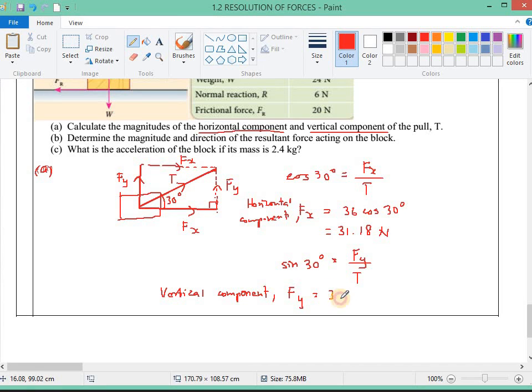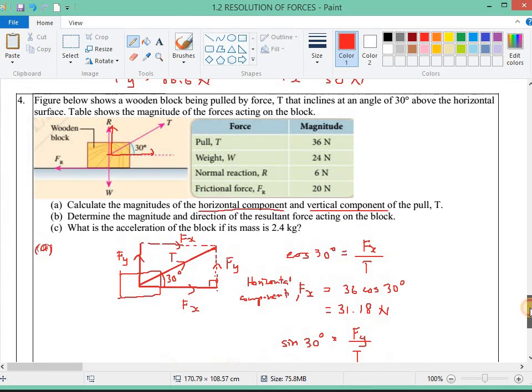Same thing, 36 sine 30. So we get 18 Newton. So we get the horizontal component and the vertical component of the pulling force.